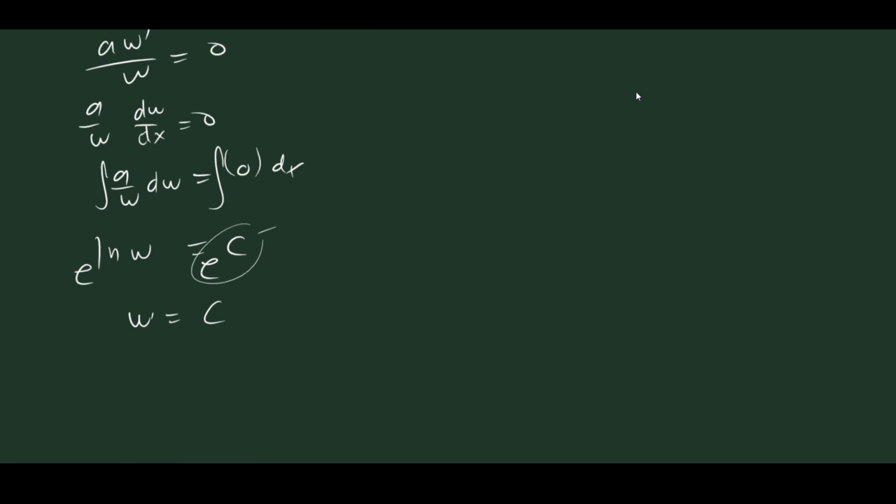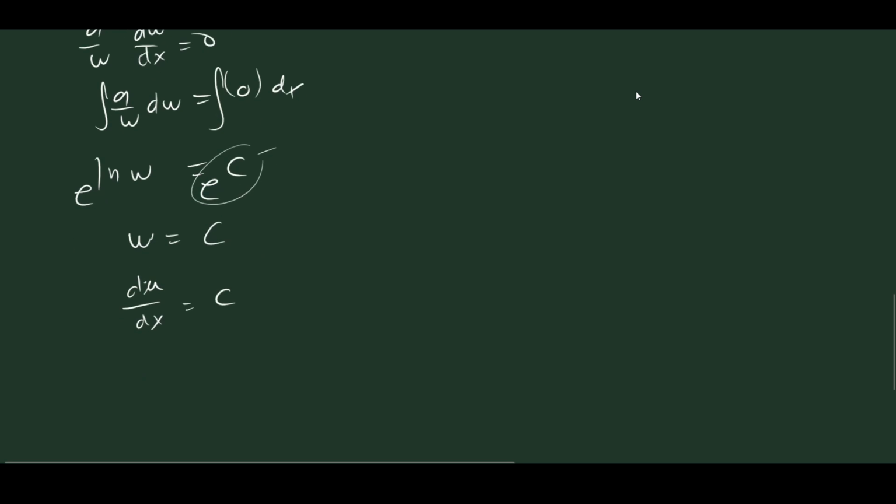Okay, so our main goal is to find u, right? We know that w is equal to u prime, so this is equal to du over dx, is equal to c.